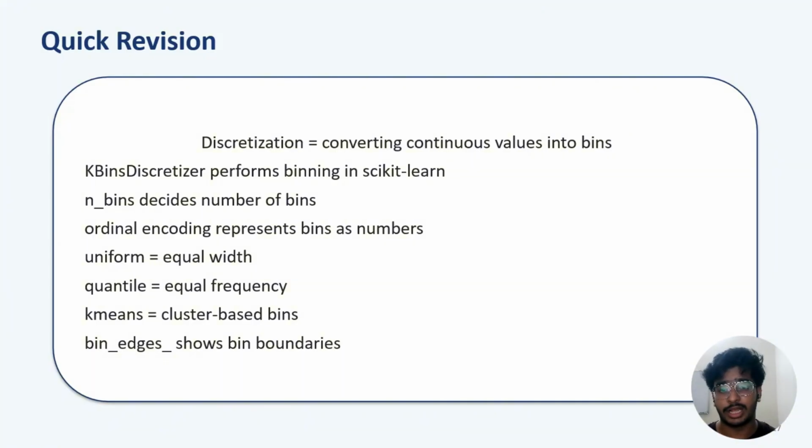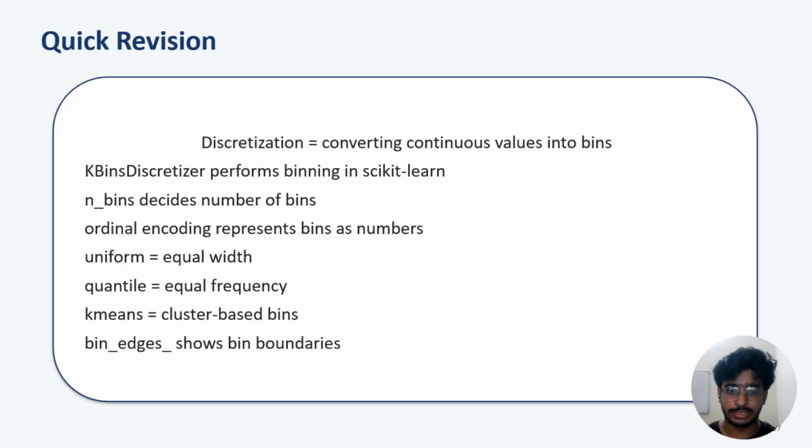Discretization means converting continuous values into bins. KBinsDiscretizer is used in scikit-learn for binning. n_bins denotes the number of bins. Encode is the encoding strategy used, like ordinal or one-hot encoding.